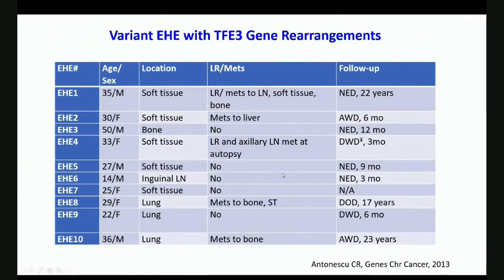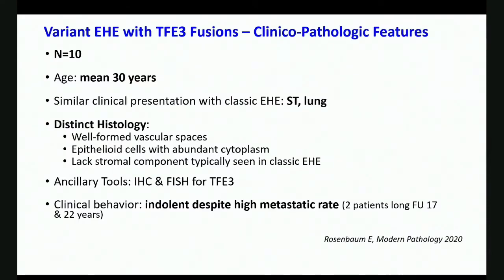In our initial study, we reported on 10 cases, showing a young age at presentation with a mean of 30 years of age, common sites involving soft tissue and lung, having a distinct histology and indolent behavior despite a high metastatic rate.